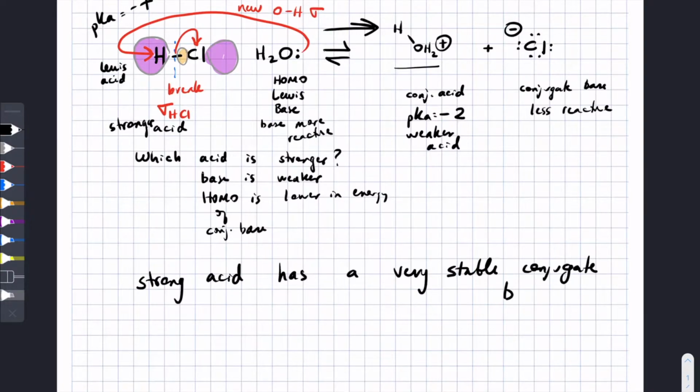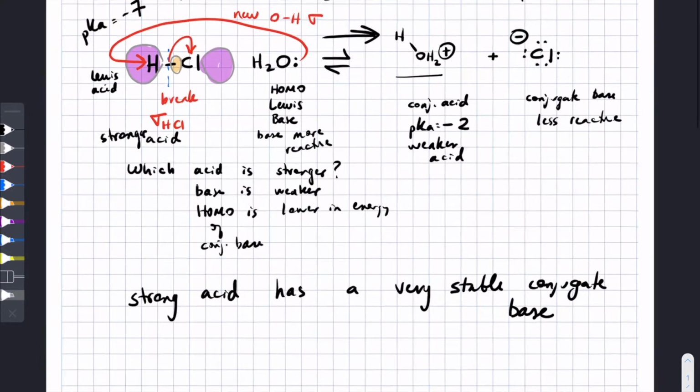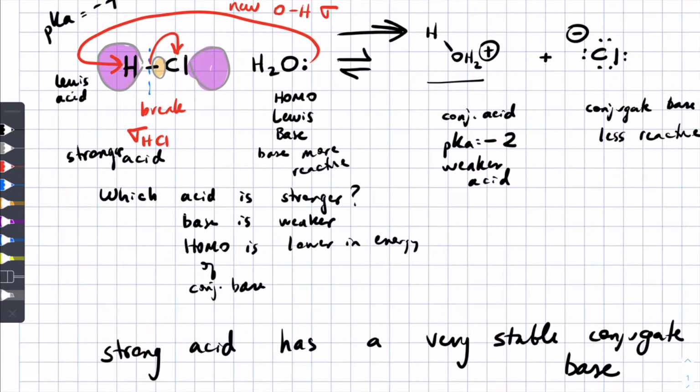Look at what happens when a strong acid loses its proton. The electrons that were in that bond end up on the conjugate base. And so how acidic something is is related to how well that conjugate base can tolerate fully owning those electrons.